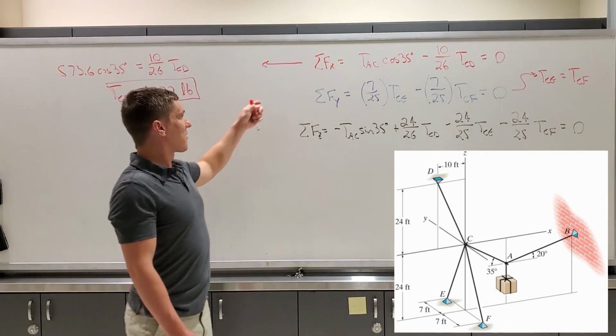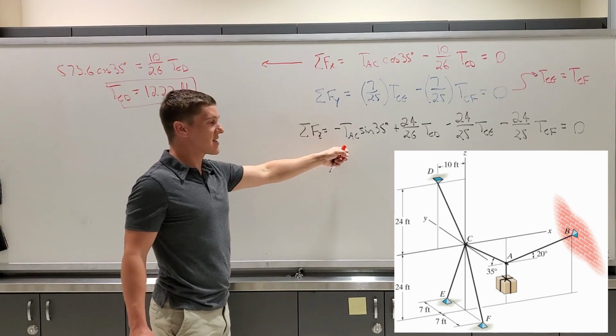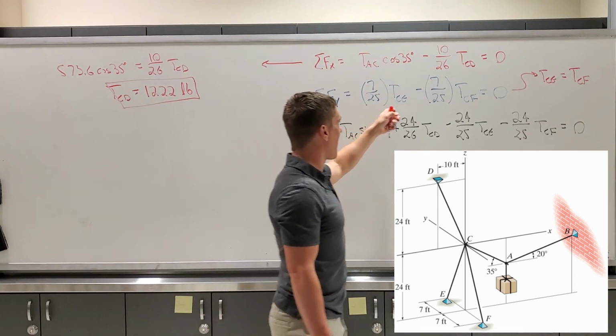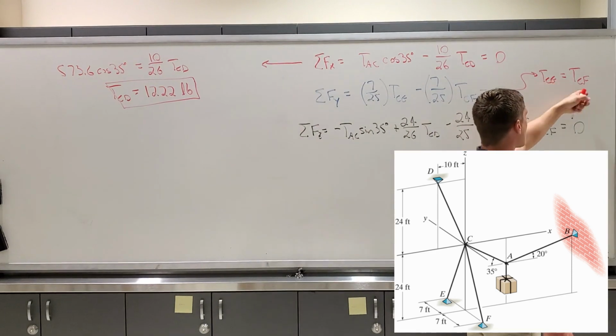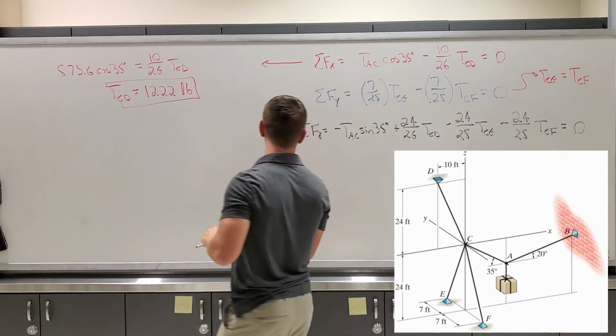But now we know all of that, and we can plug everything into this bottom equation, and we can just combine TCE and TCF into the one unknown that it is.